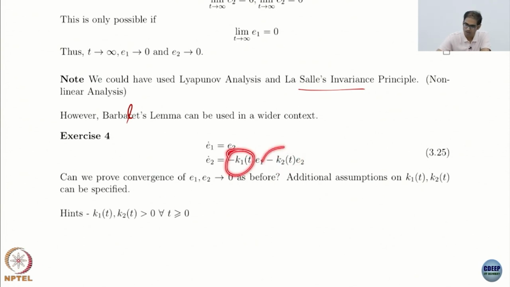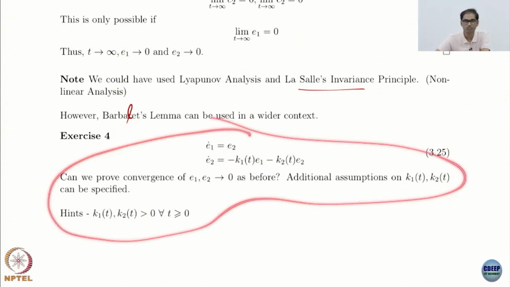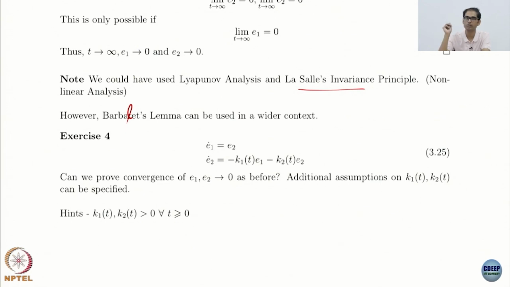This is not constant, not necessarily periodic. So Barbashin-Krasovskii-LaSalle also doesn't apply. But Barbalat's lemma has no issue, no distinction between this and the time invariant case. If you can still prove that the signal is L infinity, L2 and derivative is L infinity, you will still have the same result.